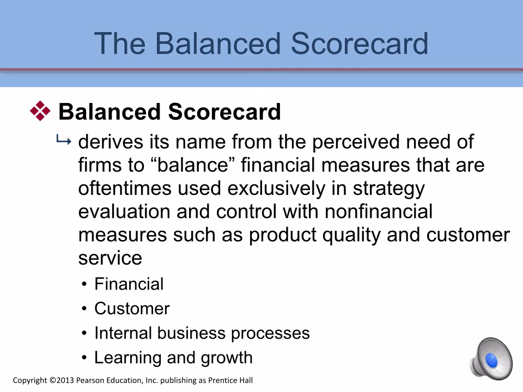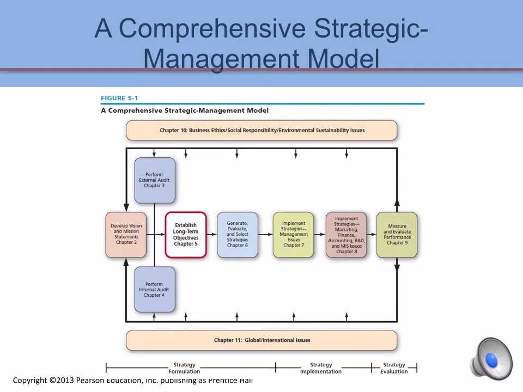Examples therefore include time to develop new generation of products, life cycle to product maturity, time to market versus competition. Here is the strategic management model, which is a very comprehensive framework.